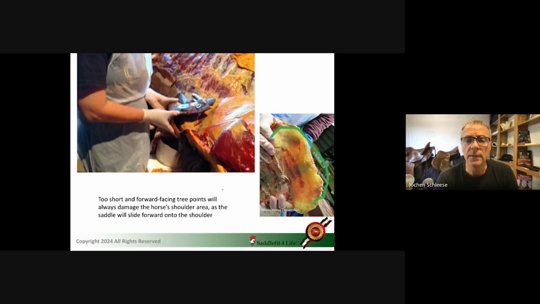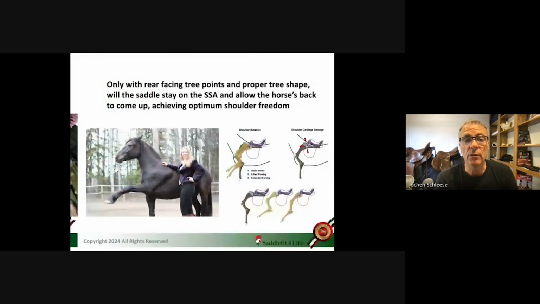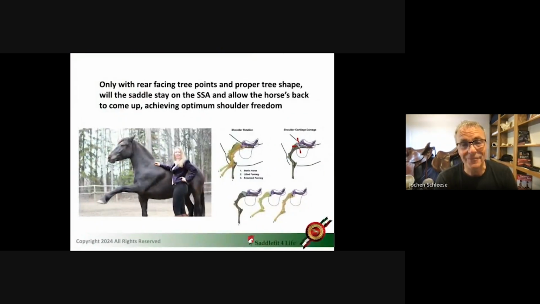What more and more people who do dissection find is quite a problem, because let's face it, when the horse's leg goes forward, it pushes the upper arm up, and then the scapula comes towards, and it should slide underneath the shoulder. I find many manufacturers still produce saddles with the tree point forward, which you have never seen 150 or 200 years ago.